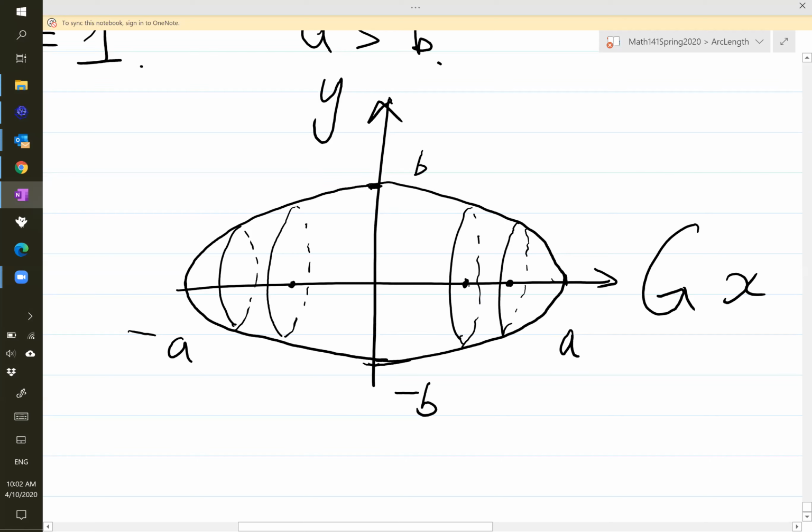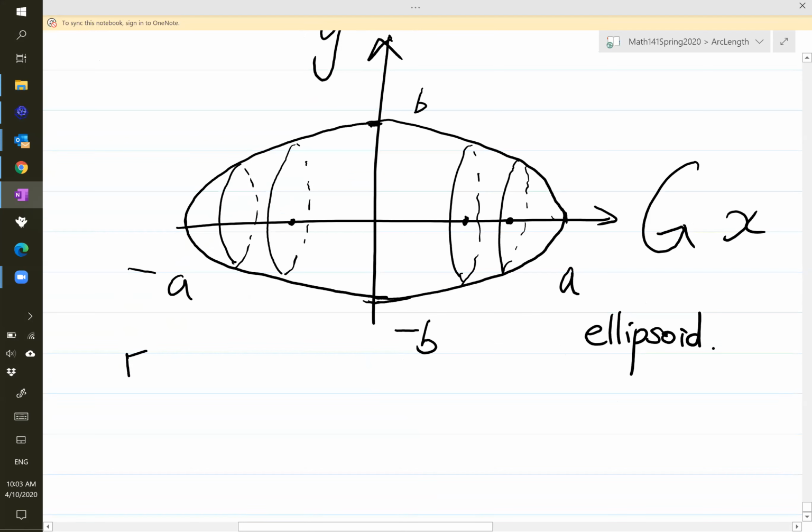Now this is called an ellipsoid. Now find the surface area of this ellipsoid.